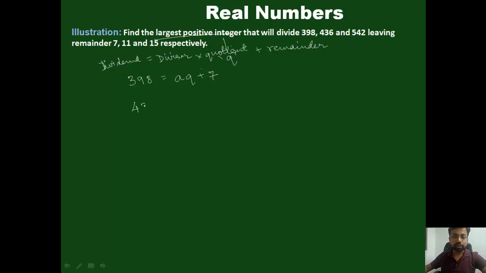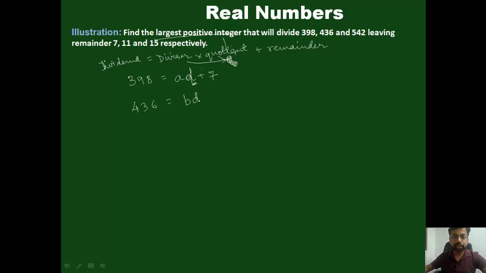Don't get confused, here q is not the quotient, I have just used q as the divisor. If you're getting confused you could rename it as d, that will be the safer thing to do. So you have 398 as the dividend, d as the divisor, a as the quotient and 7 as the remainder for the number 398.